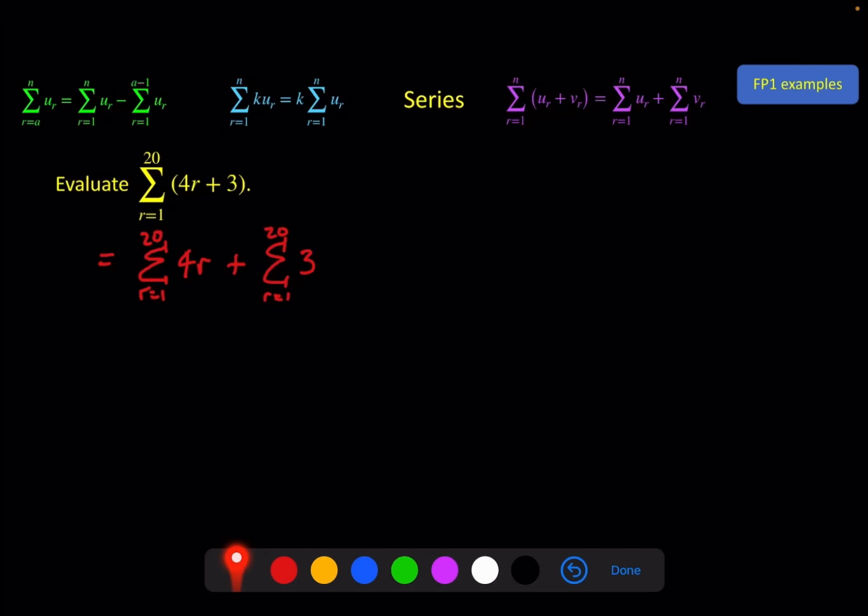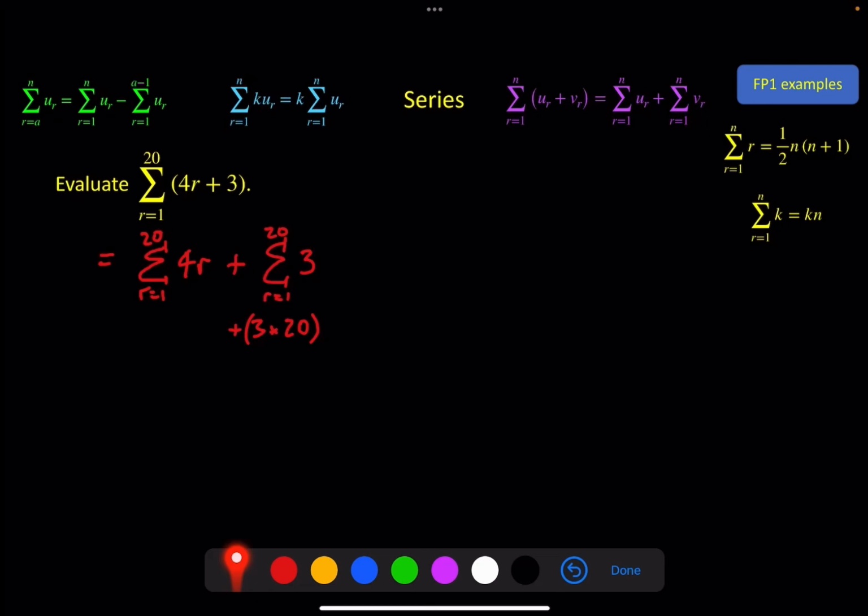The reason I'm doing that is because this one here, hopefully you remember, we can use this. Summation of k, here 3, plus 3, plus 3, plus 3, plus 3. The r doesn't change anything, this is just a constant. So we're going to add 3 20 times. That's just 3 times 20, which is, of course, 60. On the other one, for r, I'm going to apply this rule here.